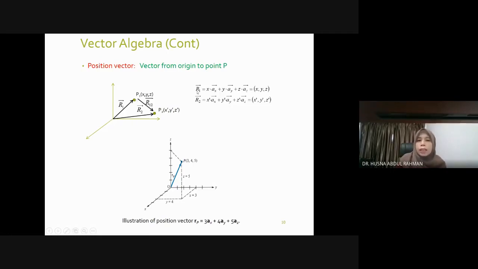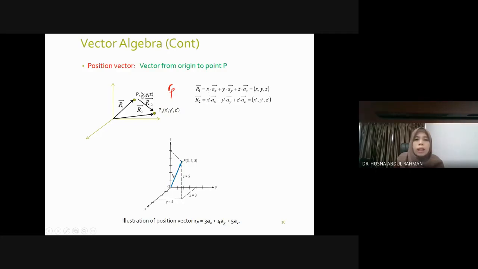You can just write it as R1 or RP, it doesn't really matter. So it just directly takes the coordinate.